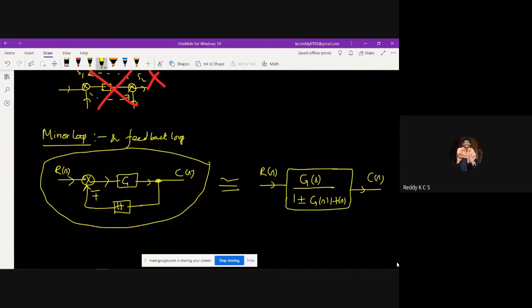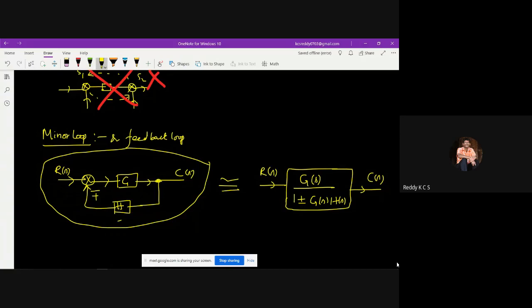This is just a conversion, because the derivation I have done already, so I'm not doing it once again here. Straight away I can write the transfer function of this whole block. If you look at this, there is no summing point here now, and no takeoff point present here. All are removed and replaced.